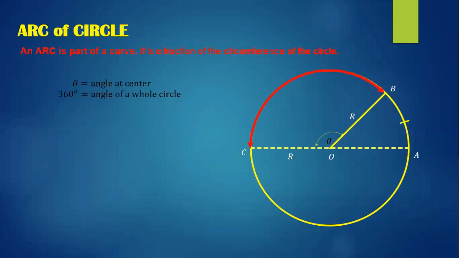As we know, a whole circle is 360 degrees, the angle of a whole circle. Right?